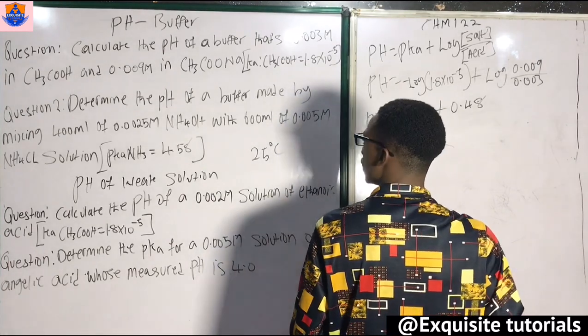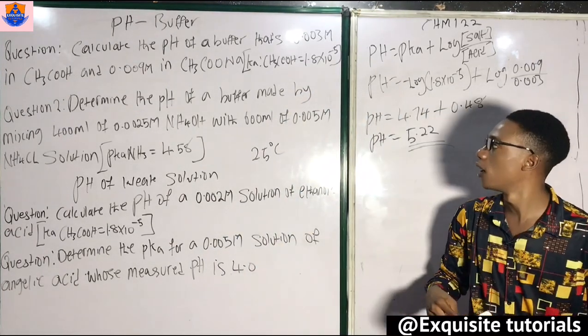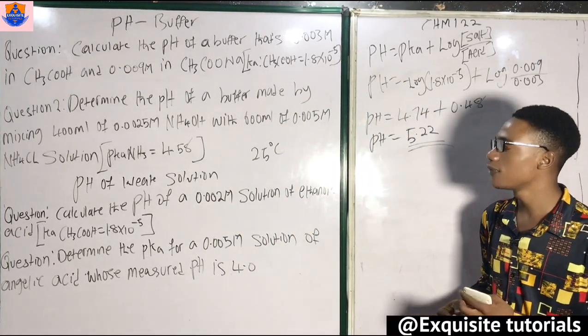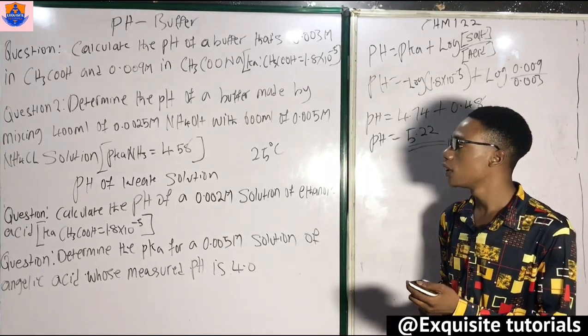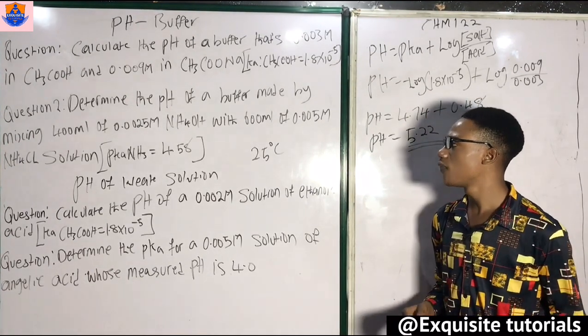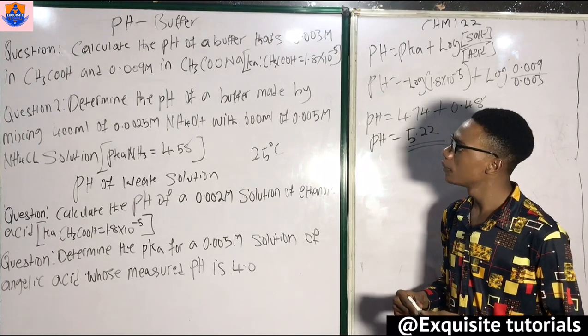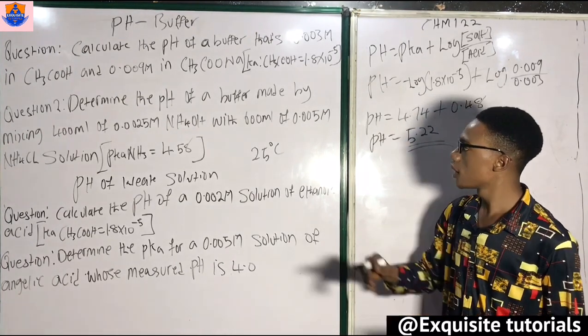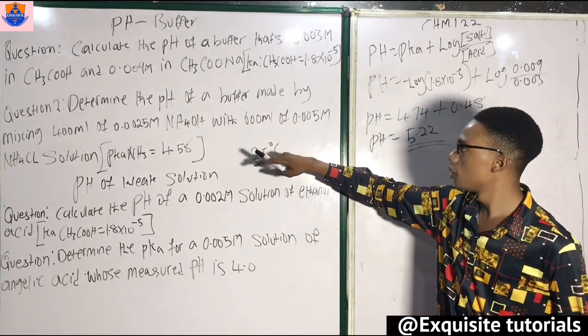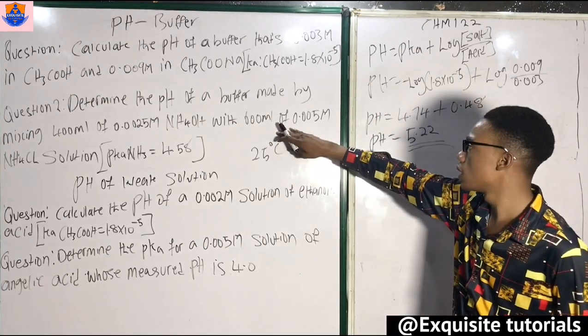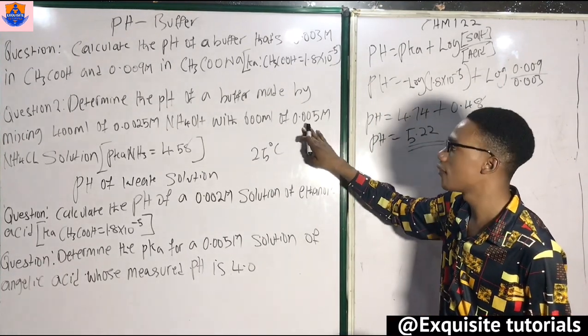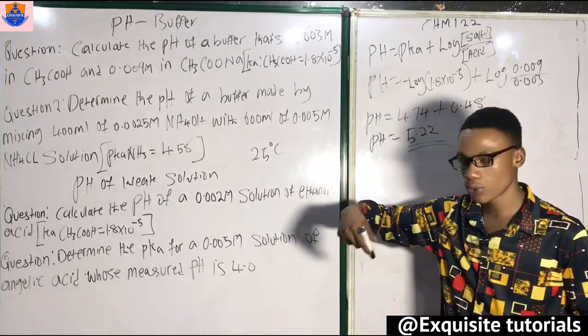Now question 2 says determine the pH of a buffer made by mixing 400 ml of 0.025 M NH4OH, this is a weak base, with 600 ml of 0.05 M of its salt.